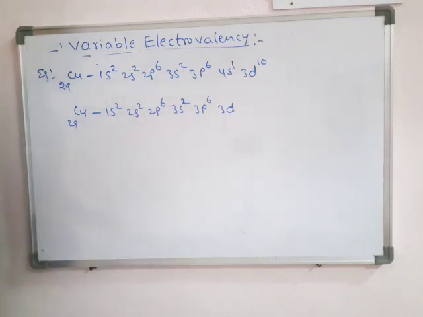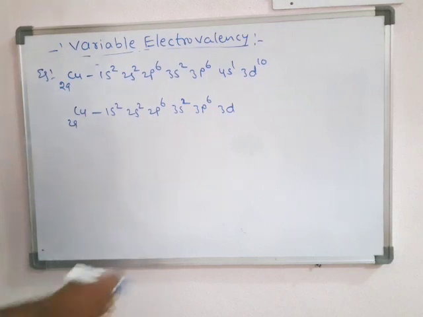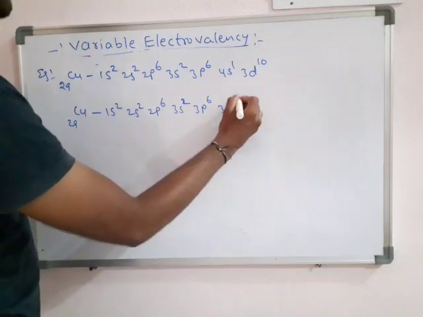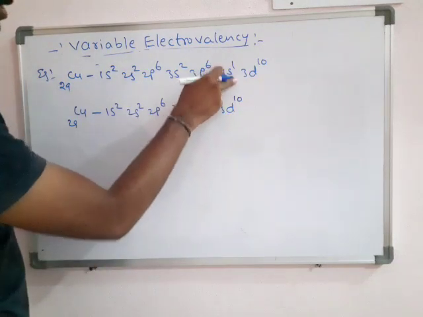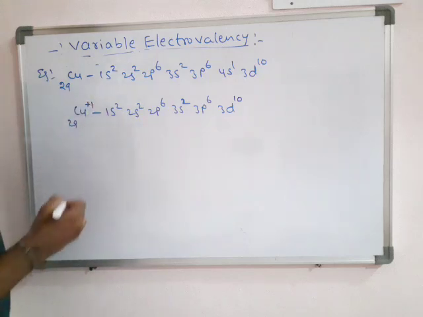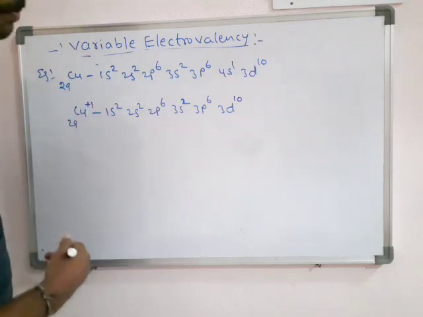Copper, this is 29 here. It becomes 3d10. So by losing this one electron, it becomes Cu+1. So this is known as cuprous, Cu+.